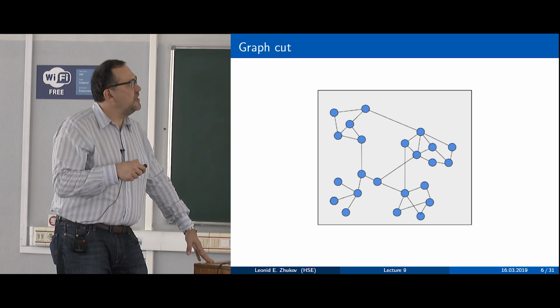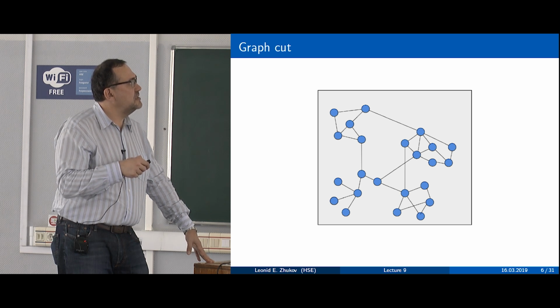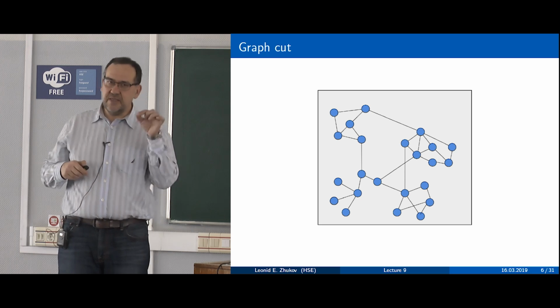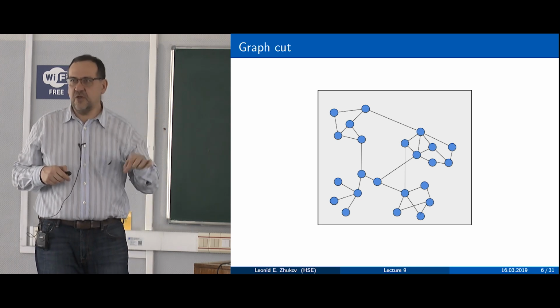Now, the volume is the number of edges that start from the nodes in this partition. So it is 1, 2 that start from this node, plus 3, 4, 5, plus 5, 6, 7, plus 8, 9, and here is 10, 11, 12. It is all the edges that start on the nodes within your partition.